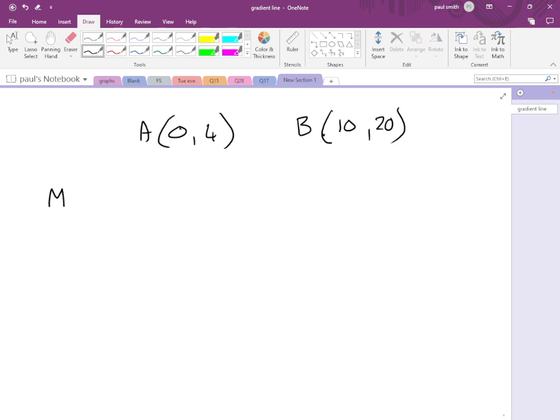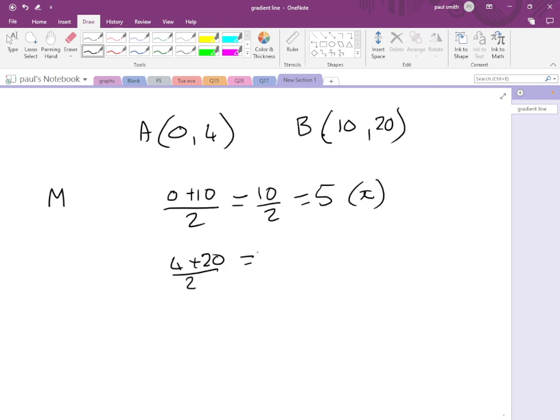So add the x's together, which is 0 plus 10, divide by 2, which is 10 divided by 2 equals 5. So that's the x. And the y's is 4 plus 20, divide by 2, which is equal to 24 divided by 2, which equals 12. So that's the y. So our midpoint now is 5 on the x and 12 on the y. That's how to find the midpoint.